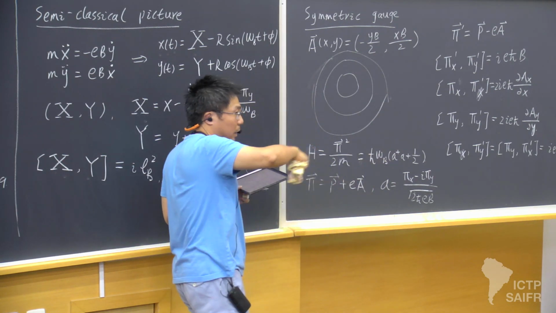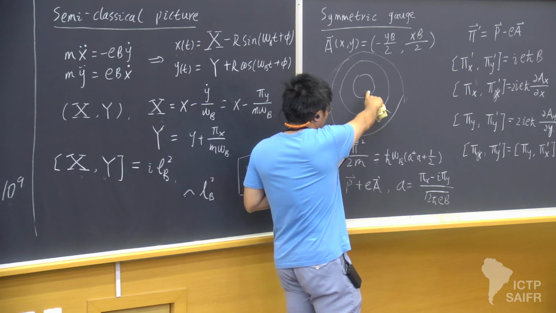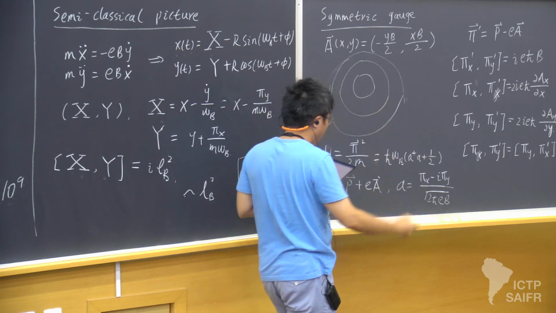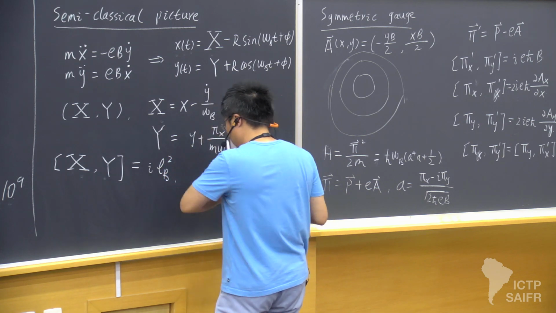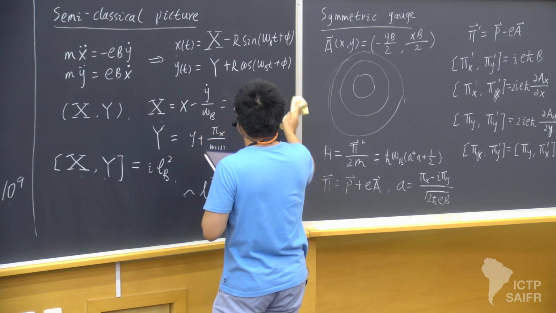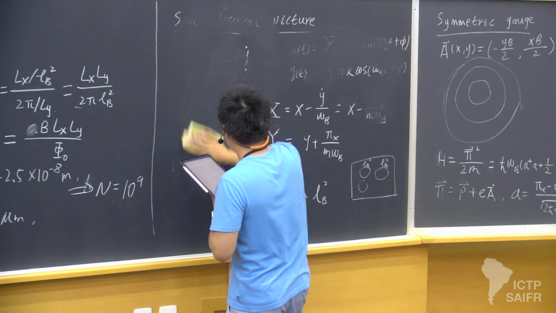And it has well-defined angular momentum, and the radius of that circle will depend on the angular momentum. So let me write down the solution here.